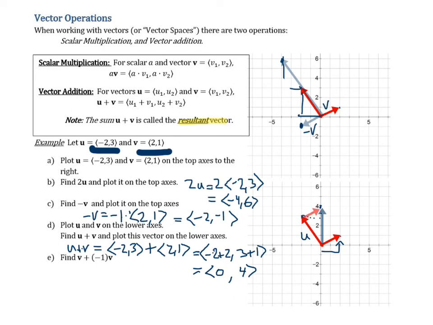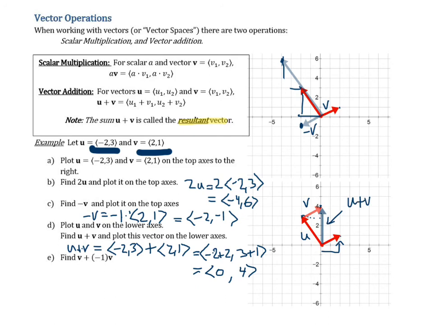Okay, let's copy that. These two vectors here, this one right there and this one right there, they're the same vectors. So we just move this vector up here. We can add them graphically by putting the tail of one on the head of the other one. Okay, so if we connect the vectors, we get those two there, and we get this one right here. That is u plus v.